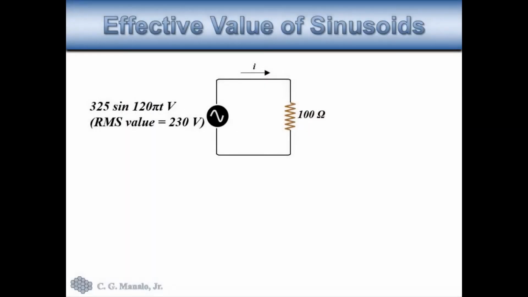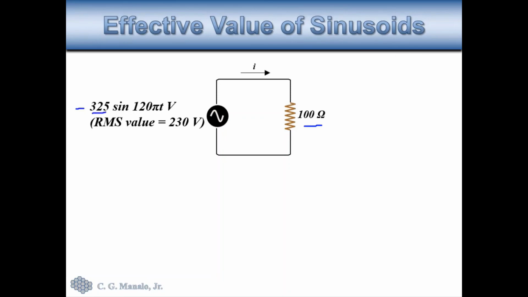Okay, so what is the importance of the RMS value? Let's say I have here a resistance of 100 ohms, and it is connected to a source with a sinusoid that is like this.